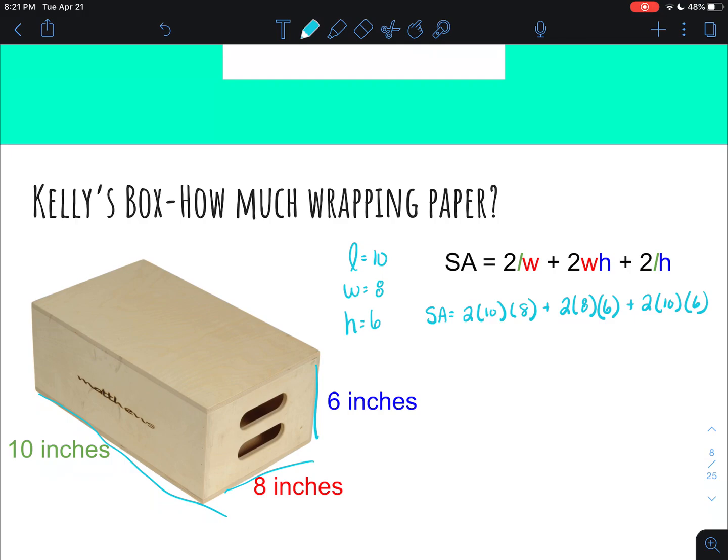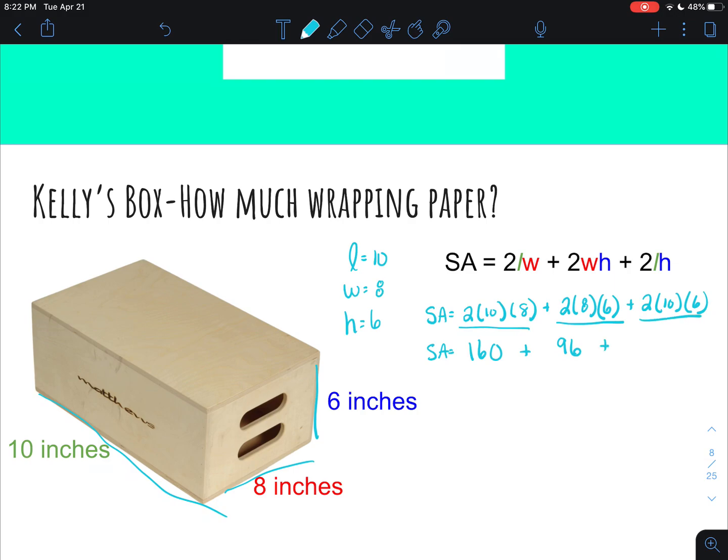So at this point, I like to go and find all of my products, and then at the end, I'll add them all together. So 2 times 10 times 8, 160. Then do 2 times 8 times 6, 96.